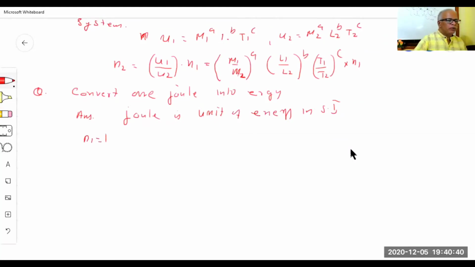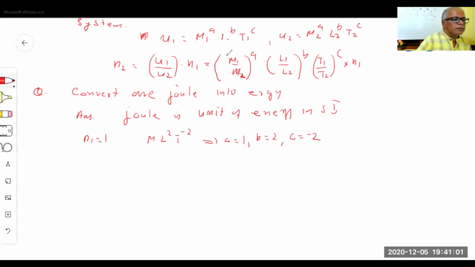The dimensional formula for joule, energy, is M L raised to 2 T raised to minus 2. So A is equal to 1, B is equal to 2, C is equal to minus 2. Let us make a column.